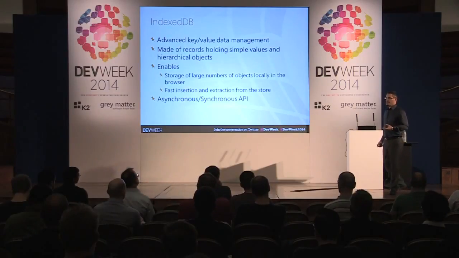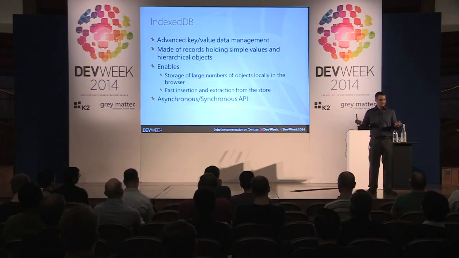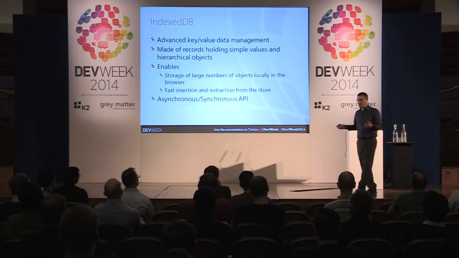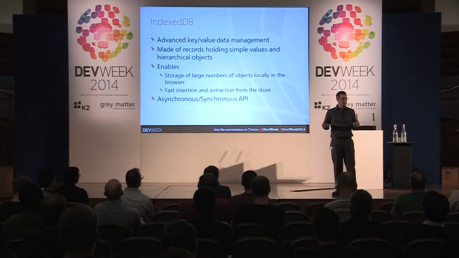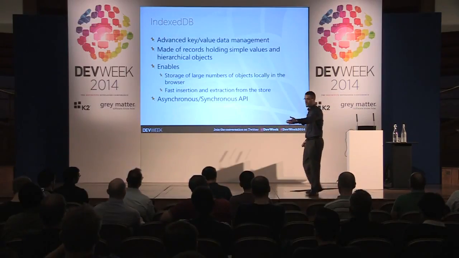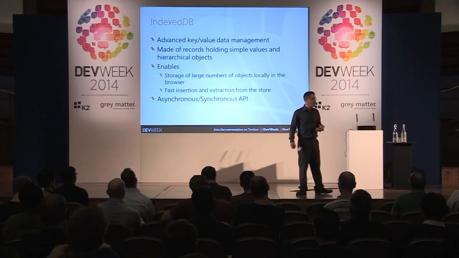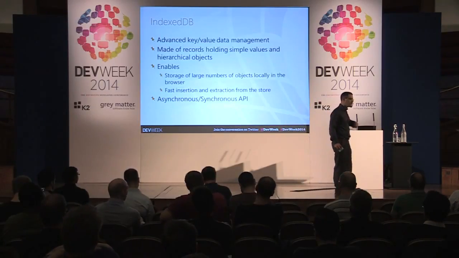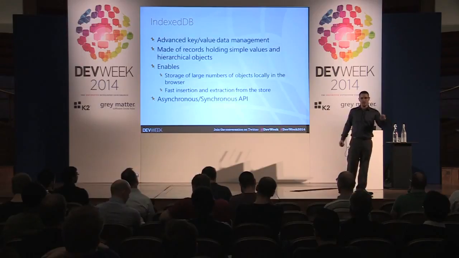The only difference between local storage and IndexedDB is how to use it. IndexedDB works asynchronously, meaning that you have to request things from the IndexedDB, for example, to open, and it works with transactions.